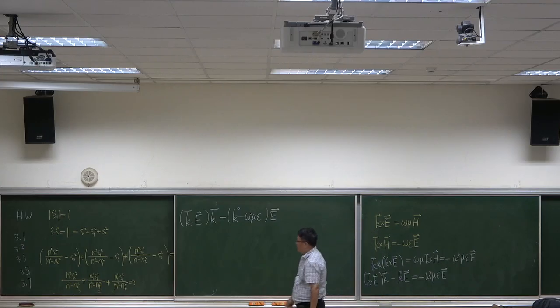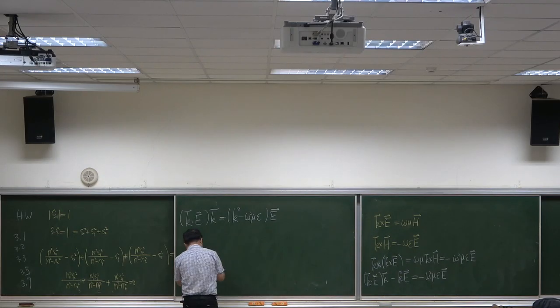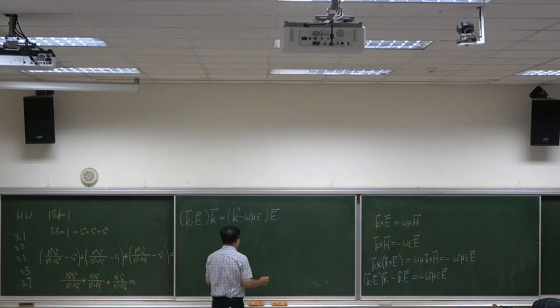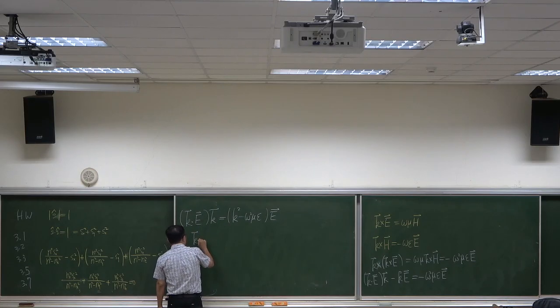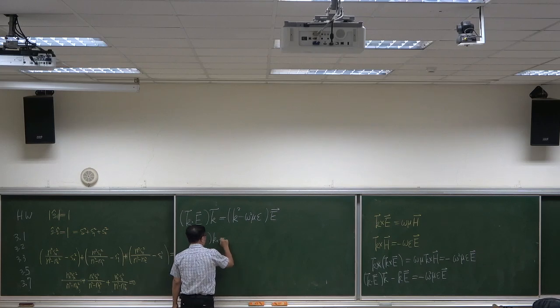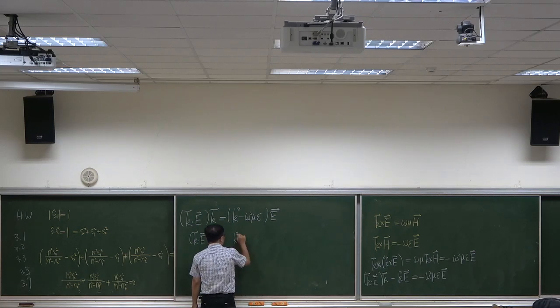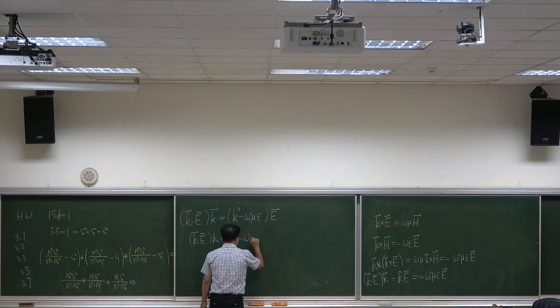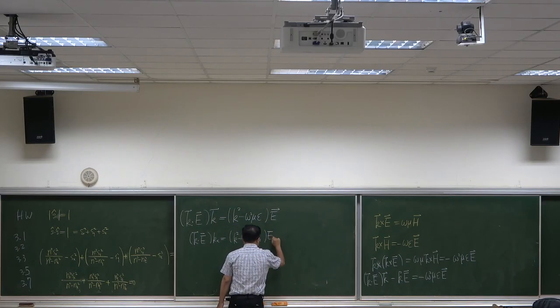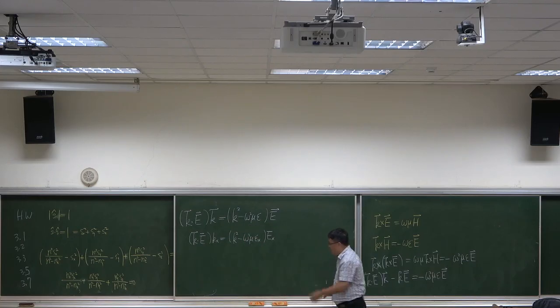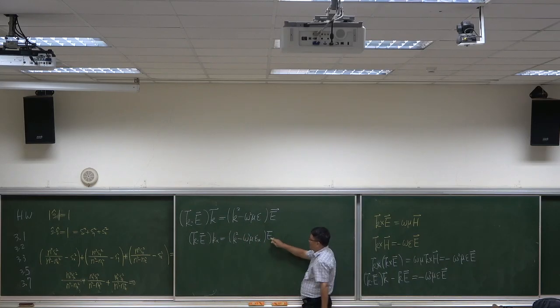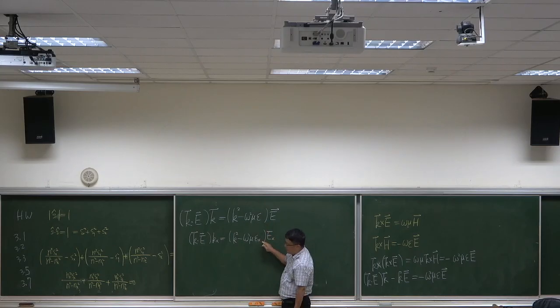If we try to find the components one by one, we have (K dot E) times Kx equal to (K squared minus omega squared mu epsilon x) times Ex. For the x component, the epsilon behaves like epsilon x.